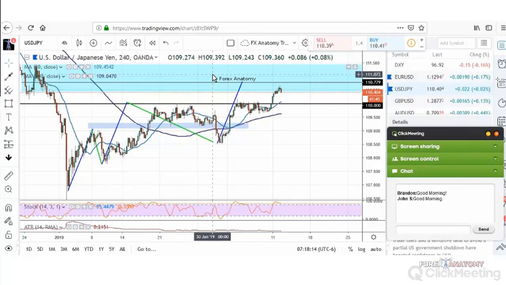Remember, we never just go in and just enter a sell. We want price to show its hand. We want price to give us an indication that we should be looking for an opportunity to sell right now. So then that's what we need to do. And I know plenty of us have different reasons.